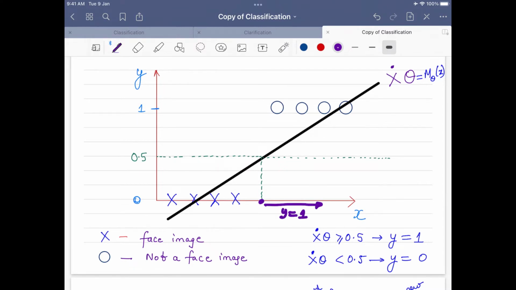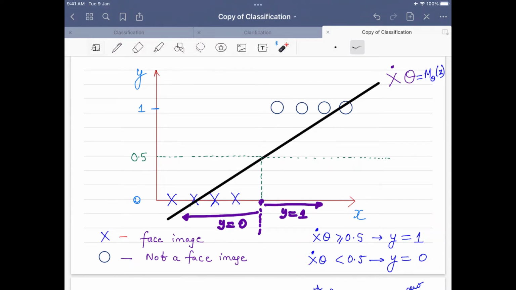For x dot theta less than 0.5, you are focusing on all these points on the line which are less than 0.5. On projecting on the horizontal axis, all the points lying towards the left side of this boundary we are taking as y equal to 0. This is the rule we have come up with here.